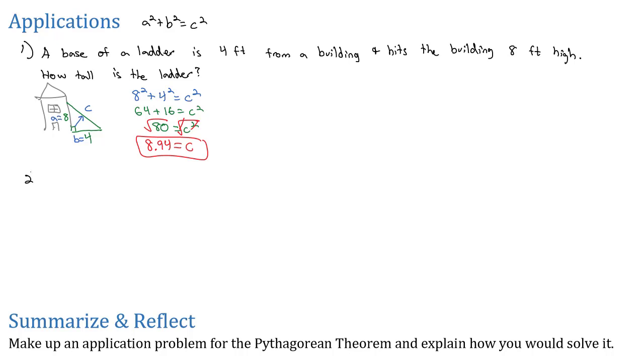Let's take a look at another application of the Pythagorean theorem. Let's say a boy is flying a kite and lets out 21 meters of string.